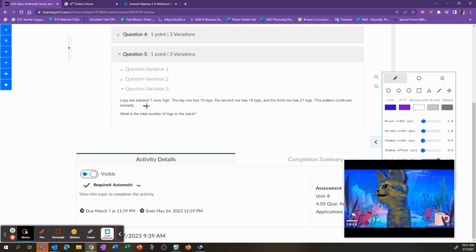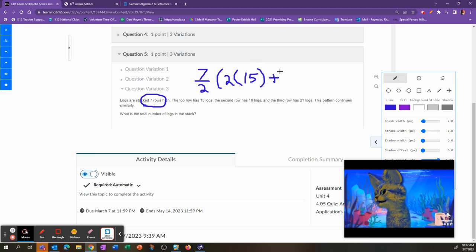So what is the total number of logs in the stack? We can again use our formula because we know we're going to 7. This time we're reading it correctly. So we do 7 over 2, 2 times 15, because that's our first row, plus 7 minus 1, which is 6, times 3.